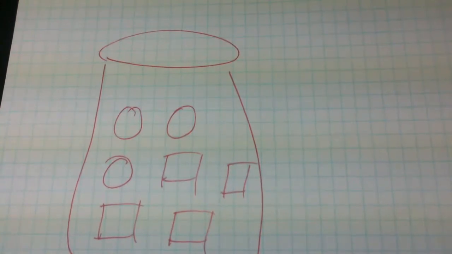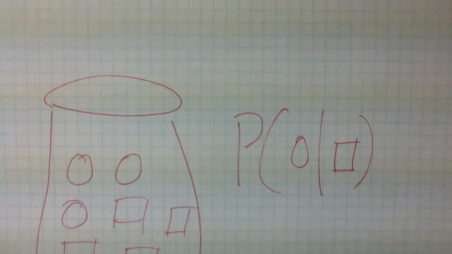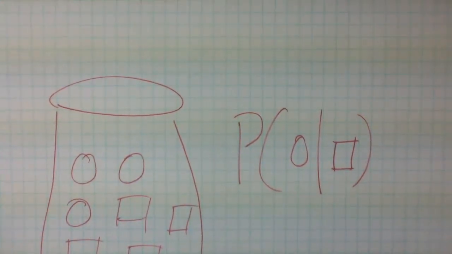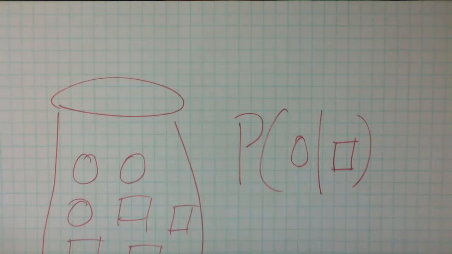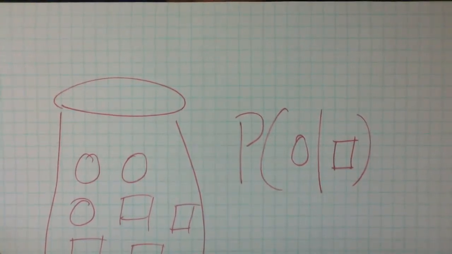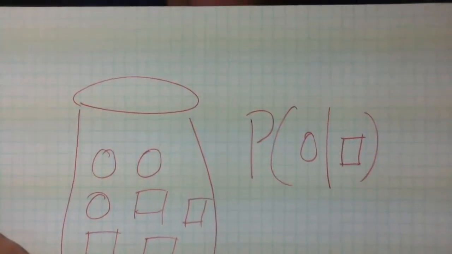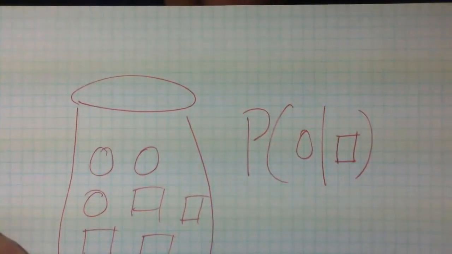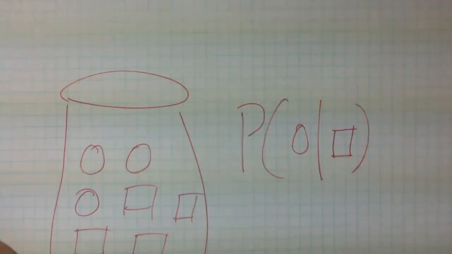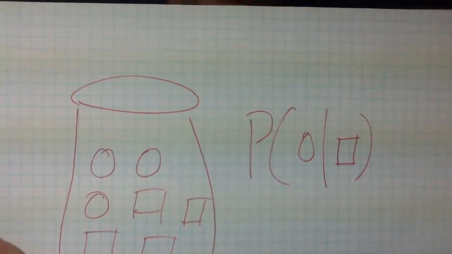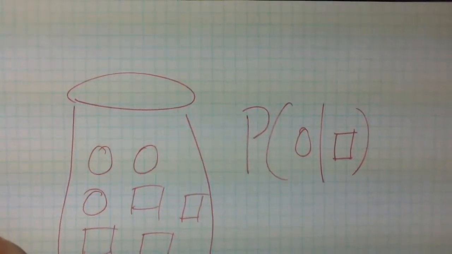Now, I'm going to say the following. That says the probability of drawing a circle out given the first time I draw out a square. So, I need to assume that I'm doing this without replacement. If they say with replacement, it means I'm putting the square back in. So right now I'm going to do without replacement.